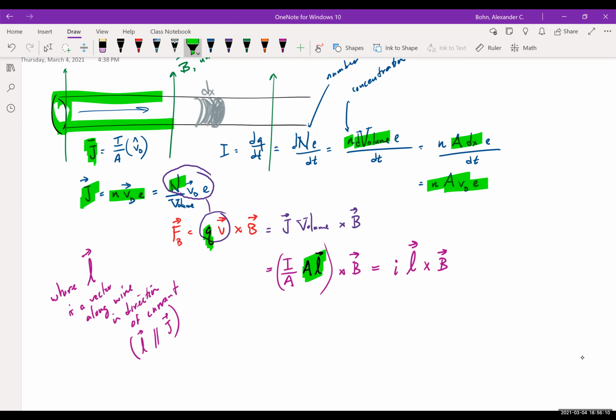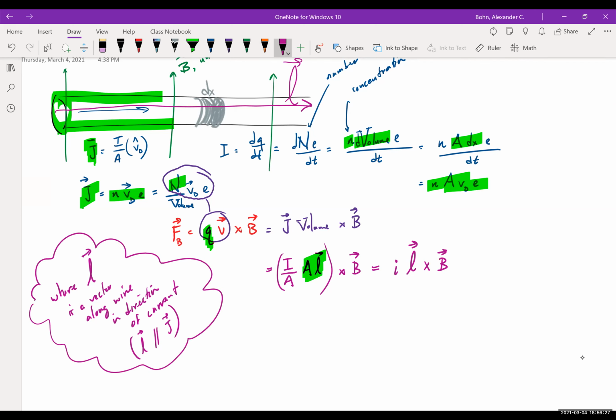So here, L is a vector from one side to the other in the direction of the current density. So that's this down here. The total charge Q altogether is related to the current density and the total volume. And it's all moving with speed V. So we get to talk about QV cross B.